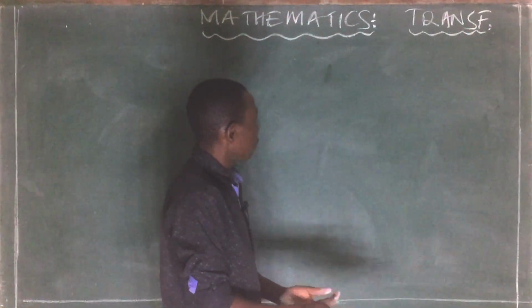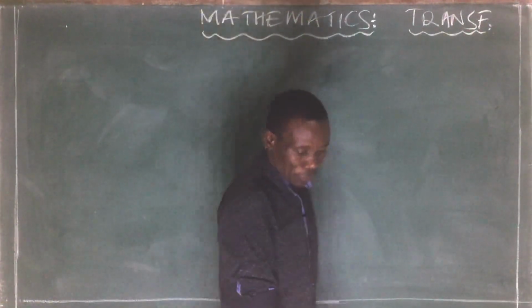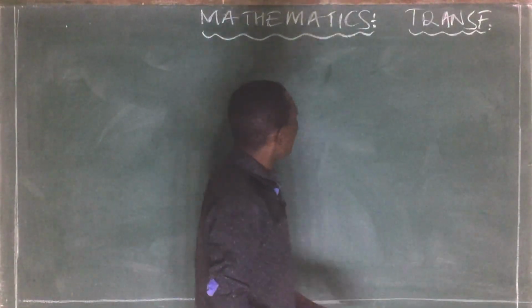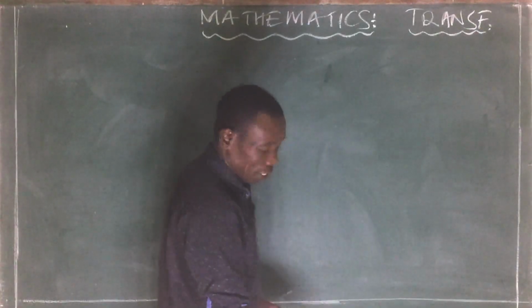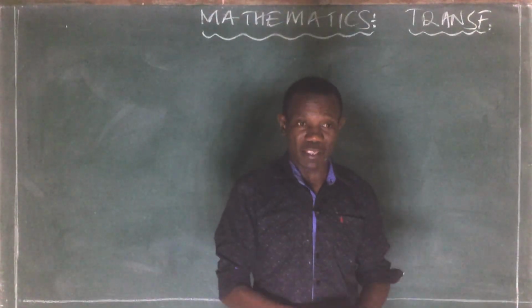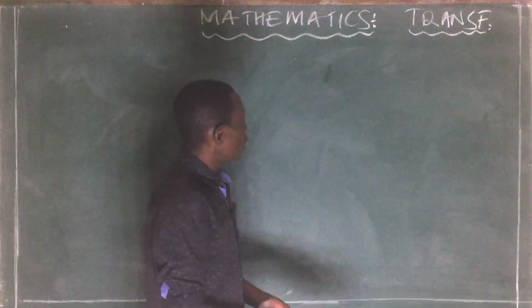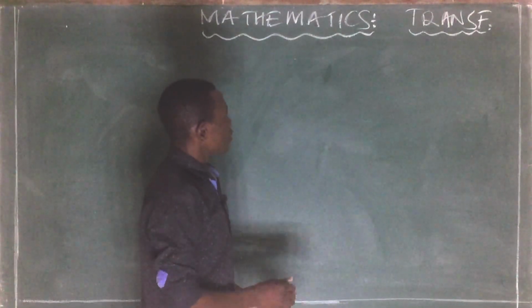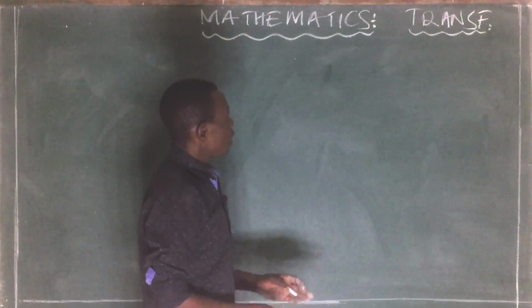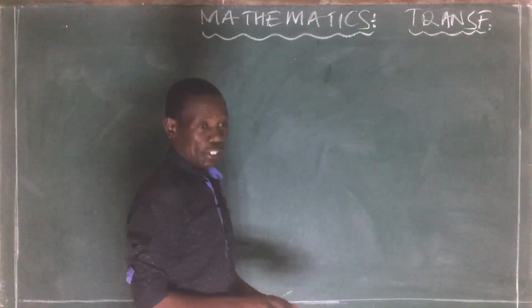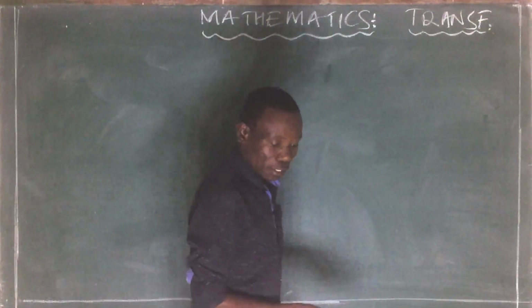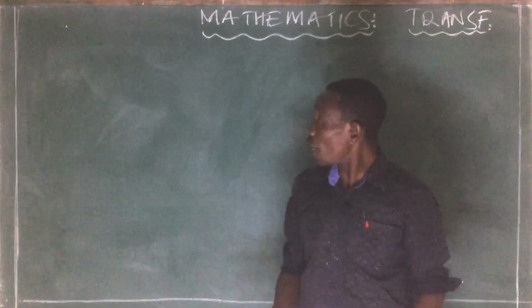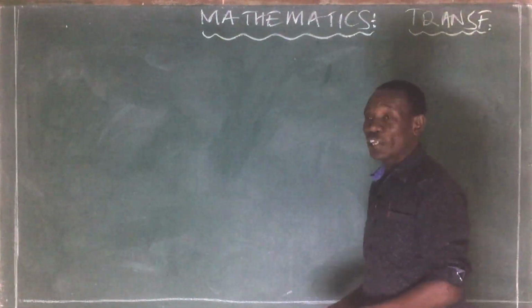This is the 8th topic. Without wasting much of your time, let me just have an intro of it before we look into what we are going to discuss in this video. We define transformation as an issue that is related to change. In this case, we are looking at how an object can change. An object in our study refers to any figure.